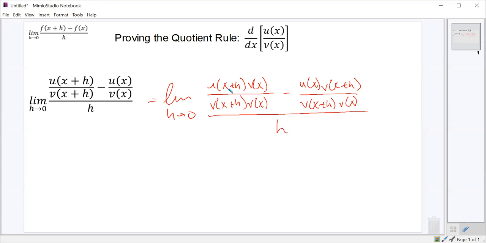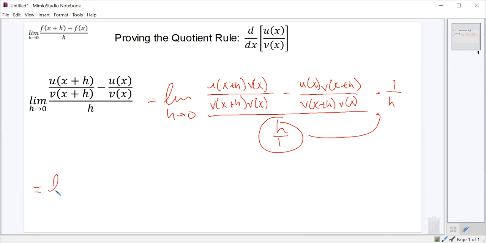In the next step, we'll combine together the two fractions in the numerator. And this h that's overall in the denominator of the whole thing can be thrown in with the denominator of this numerator, because we could treat h as if it was h over 1, giving us a fraction divided by another fraction, which means we'd multiply it by the reciprocal. We'd be multiplying by 1 over h, and so the h would go into the denominator and the numerator would remain unchanged.